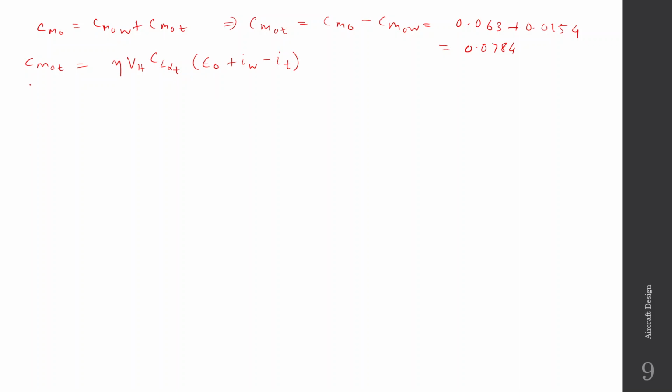Okay. Now here we'll make some assumptions. We'll say that setting angle of wing is 0, and we'll also consider that horizontal tail volume ratio is 0.7, and also eta is 1. So then we know this, and epsilon naught we have to calculate.